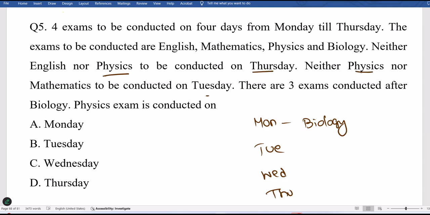Physics not on Tuesday, Thursday means physics will be taken on Wednesday that they given directly. So what about remaining two? Okay, if you want to fill, fine. English is not on Thursday, so English will be on Tuesday. Mathematics not on Tuesday, and in fact only one thing left over is this that will come in.